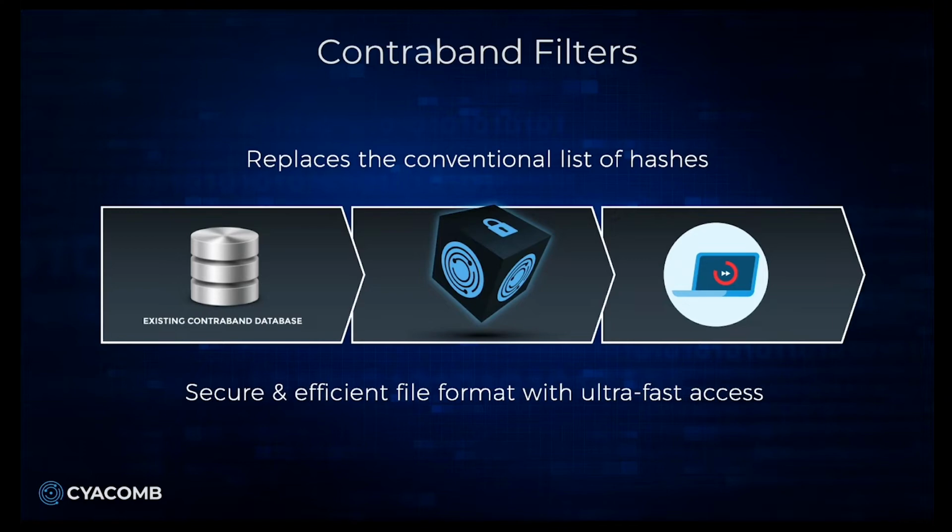If you lost that list, it would be of grave concern to agencies. Whereas if you lose a contraband filter, because it's only containing block level hashes, there is no way of recovering that data or reverse engineering the technology. So it's effectively useless for any nefarious actors. So it's both a secure, but also an efficient way of sharing data.